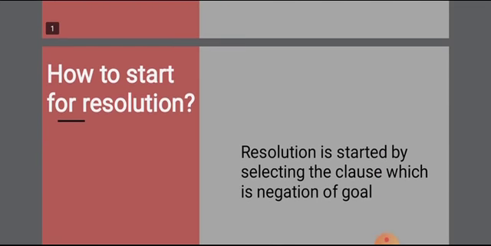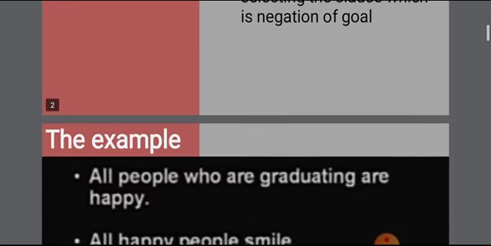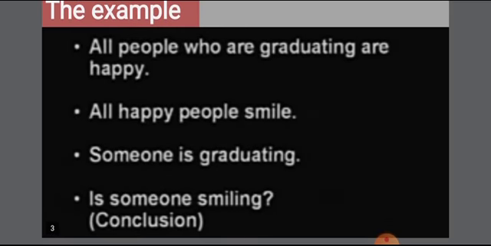Now the resolution is started by selecting the clause which is the negation of the goal. For example, in the example we had already seen, we have four sentences and the last sentence is "is someone smiling."